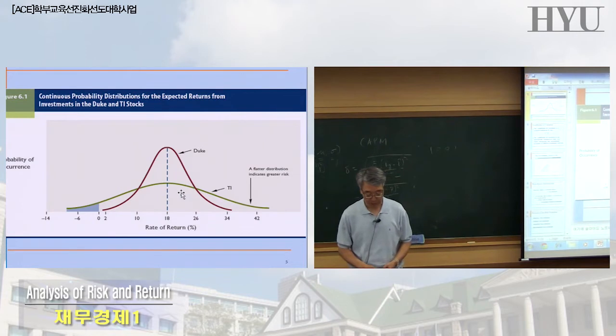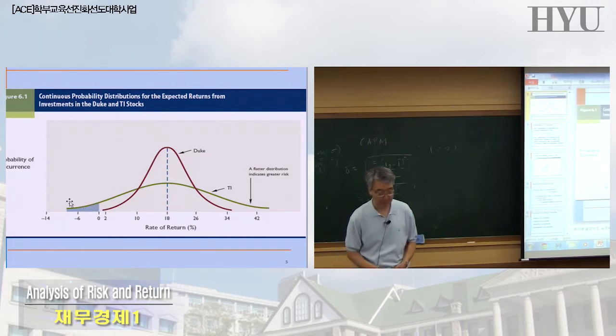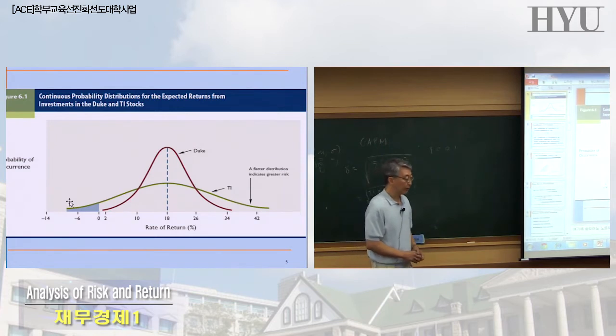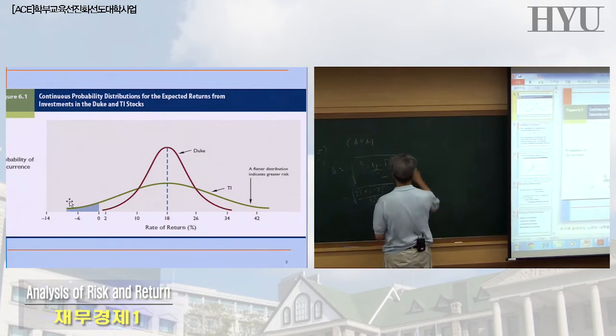So suppose we can assume that these returns are normally distributed. Then, according to the chapter, we can do one more thing here. As you see, there's 18%, 10%, 2%, and 0% here, and they shaded the area to the left of 0%. So what they are doing here is asking, what is the probability that the return on TI will be less than 0?